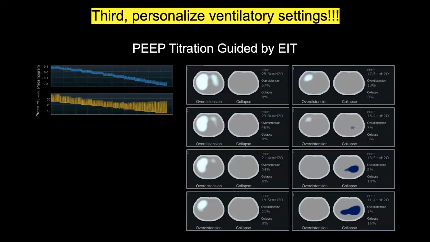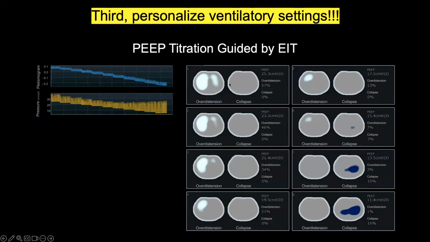Third, we can use EIT to personalize the ventilator settings. This is a very interesting tool that we can use at the bedside to titrate PEEP. Using EIT, we can assess the distribution of overdistension and lung collapse at different PEEP levels during a decremental PEEP trial.